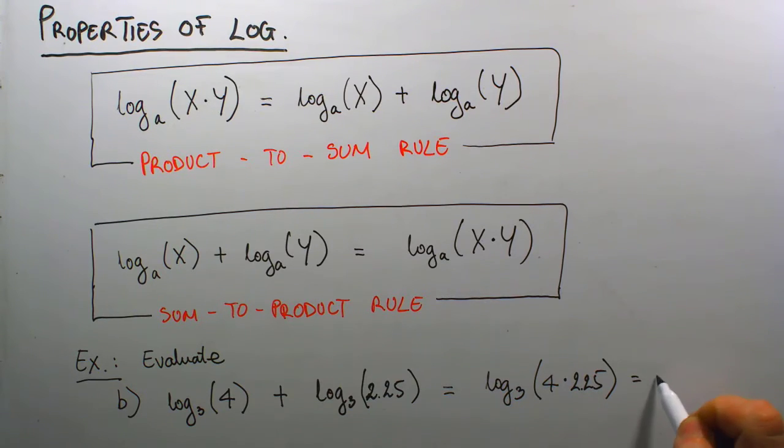So this is the same as log base 3 of 9. The answer will come out as easily as 2. And I had spent some time explaining the steps. That's why it takes a little bit of time. But when we're actually doing this, it's going to be a lot faster.